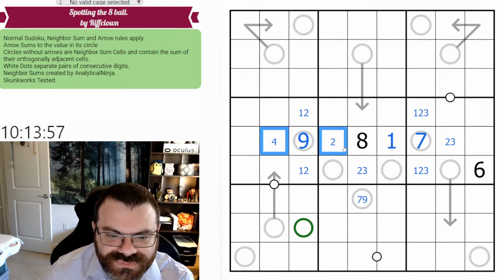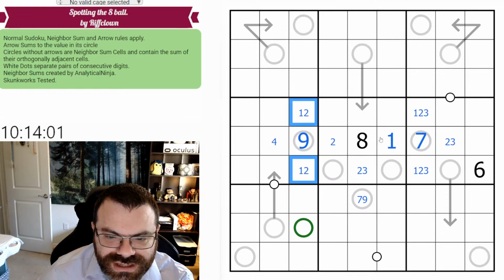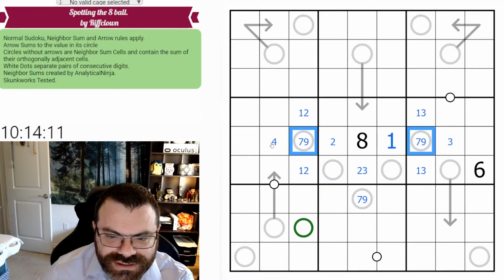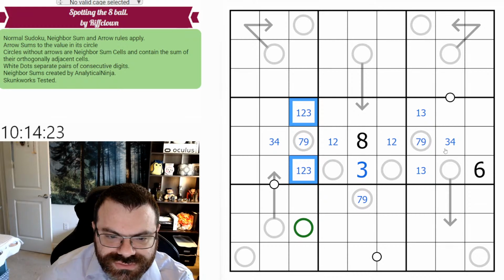So one of these is 4, 2 with a 1, 2 above it. And the other one is, so that would make this a 3 with a 1, 3 above it. So yes, these are a 7, 9 pair. These are a 3-4 pair. This is a 1-2 pair, putting a 3 here. And these are 1-2-3s.